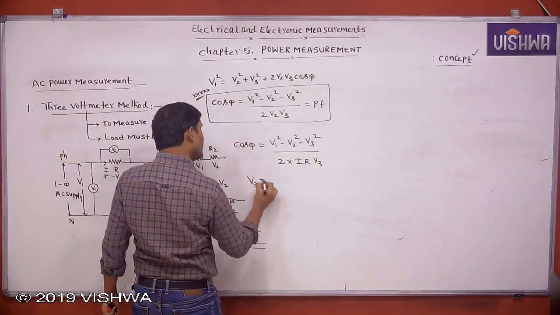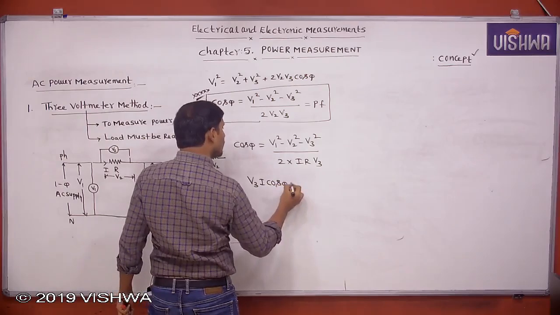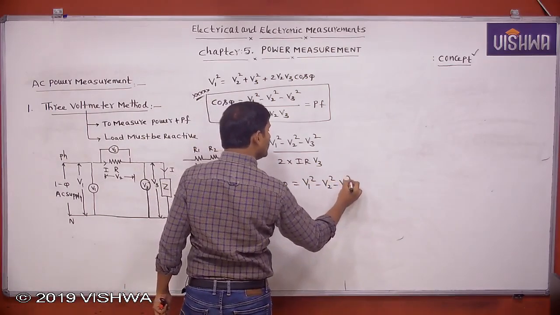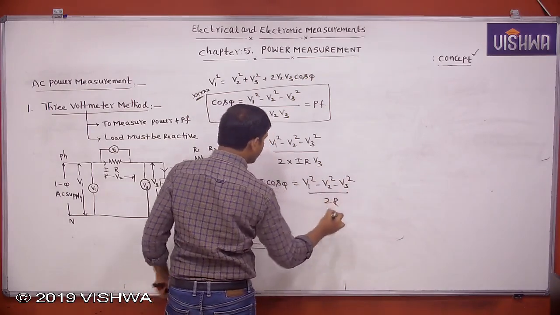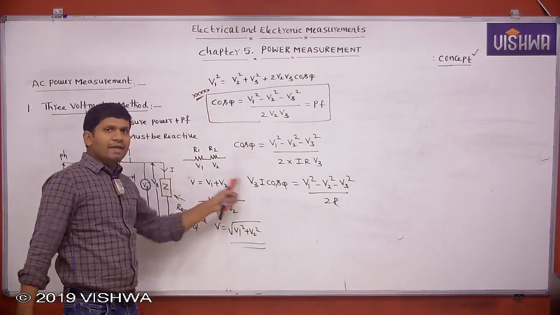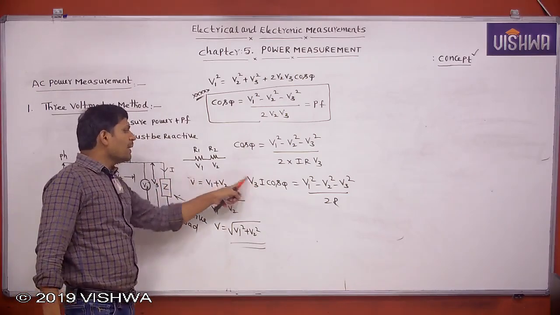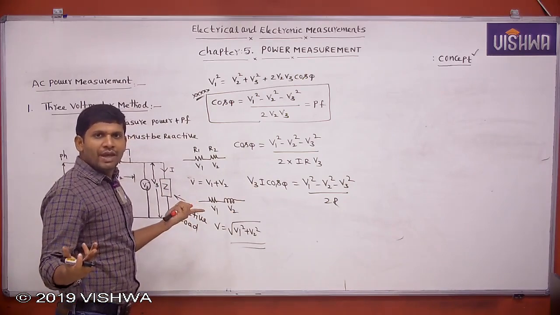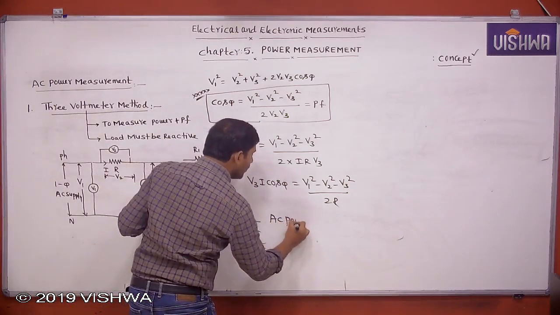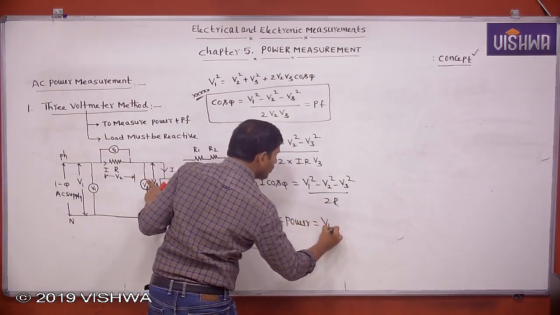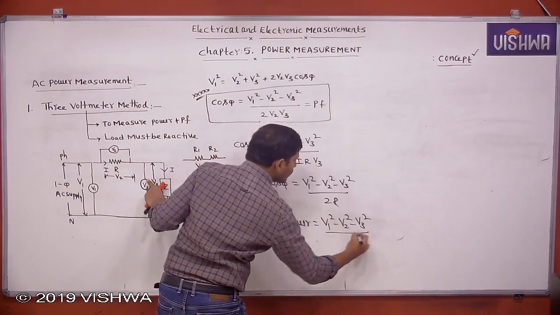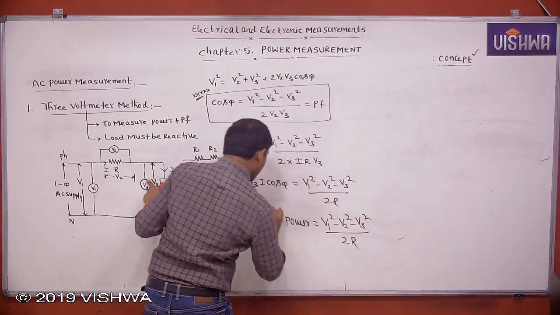Then V3 I cos phi equal to V1 square minus V2 square minus V3 square by 2R. What is V3? The actual voltage across the load. What is I? The actual current through the load. Cos phi is the load power factor. Then V I cos phi gives the AC power. Therefore, in the three voltmeter method, the single phase AC power equals V1 square minus V2 square minus V3 square by 2R. This is the formula you remember.